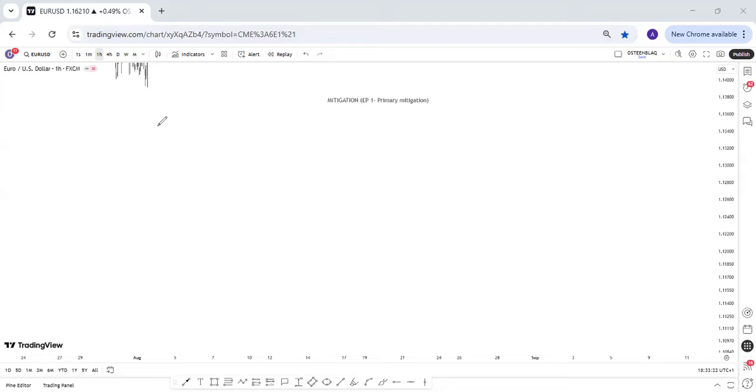What signifies imbalance structurally in the forex market? Liquidity. And we have established that a resistance or a support that has not been used, in layman's language, let us even say an unused high or low.